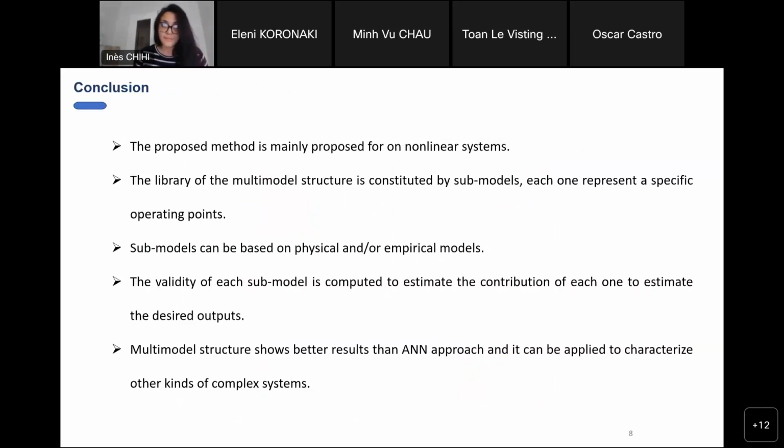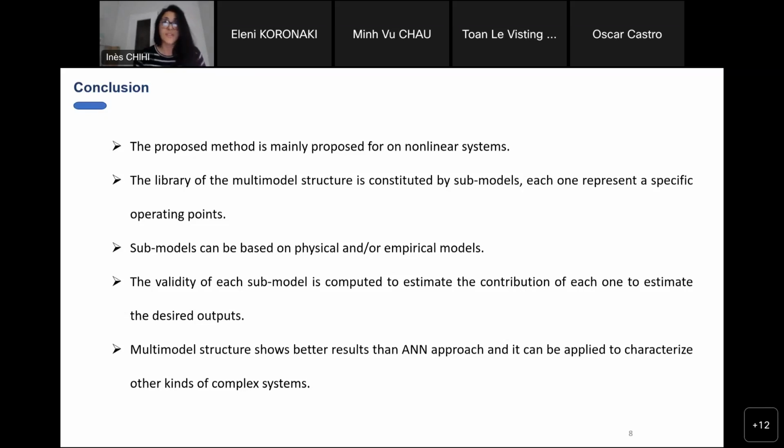So here I try to show the most important things about the multimodal approach. In my opinion, it is a solution to avoid problems of physical and input-output driving models. With the multimodal approach, we can simplify the model and reduce the computational time, which is very important.